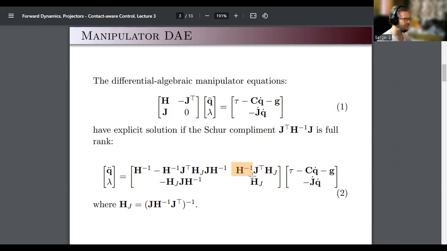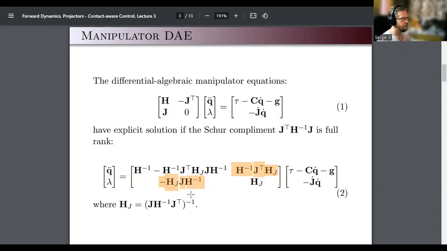Here you can see H inverse, right? Here you see again Jacobian transposed, and you have the inverse of the Schur complement. Here the same thing, but you have a minus sign, and you have the Schur inverse and the Jacobian, notice, not transposed, and you have H inverse.